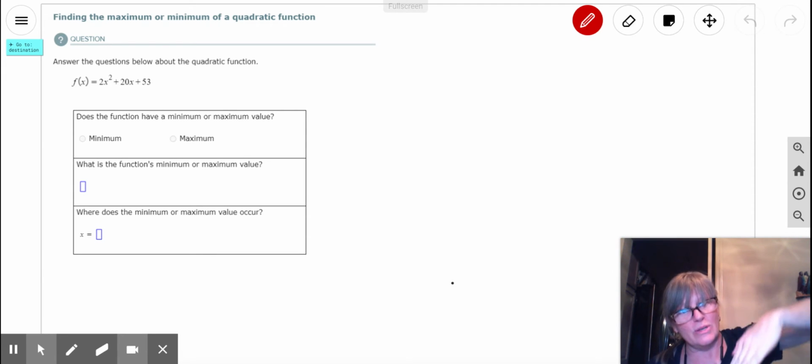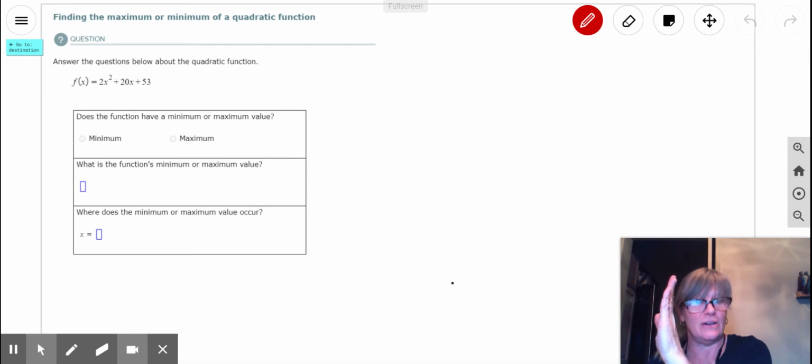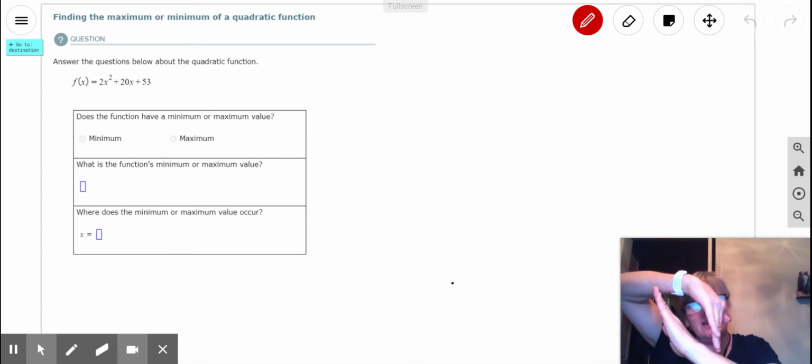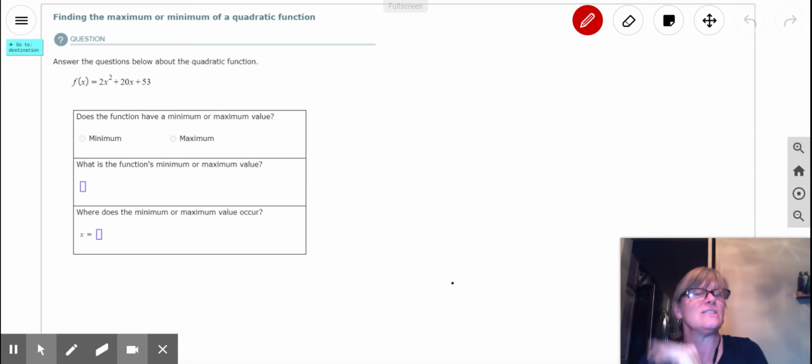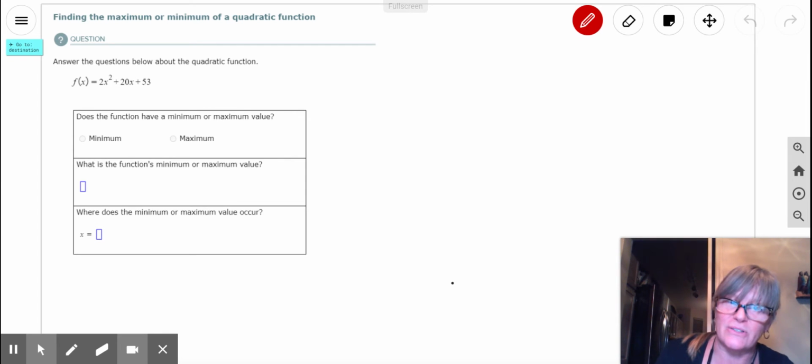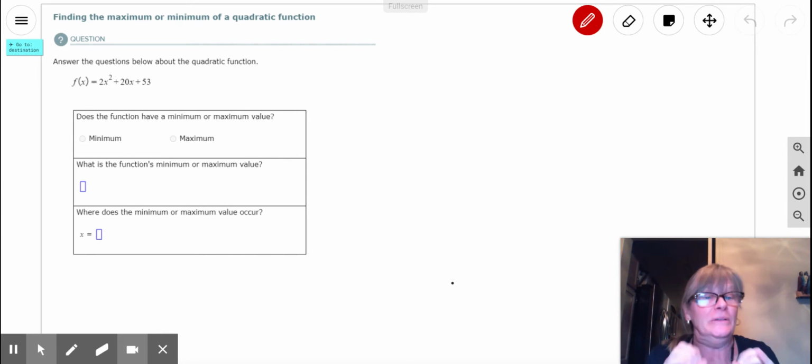On the other hand, when there's a minimum, the function curves down and then up. There is a point where y has the least value, meaning it's the furthest negative, and that's called a minimum. So we talked about zeros, where it crosses the x-axis, and the y-intercept, where it crosses the y-axis.